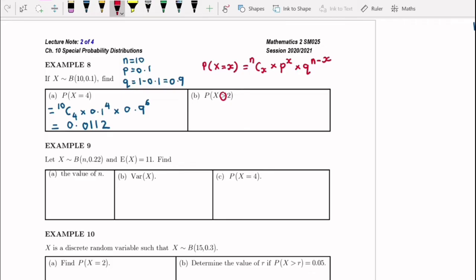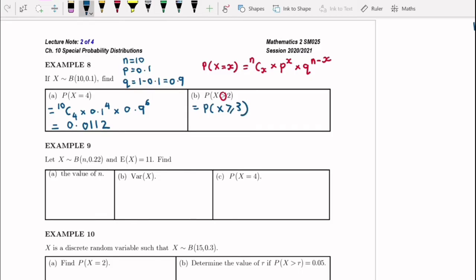If we have X greater than 2, that means 2 is not included. So we will start our calculation from x equals 3, x equals 4, x equals 5, up until x equals 10, because our n is 10. So P(X > 2) equals P(X ≥ 3).